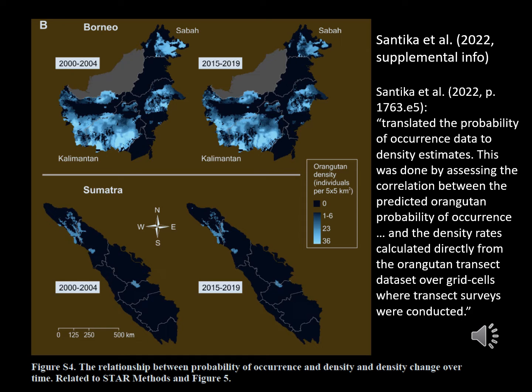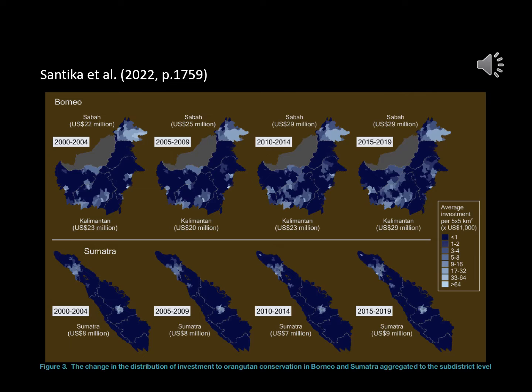This was done by assessing the correlation between the predicted orangutan probability of occurrence and the density rates calculated directly from the orangutan transect data over grid cells where transect surveys were conducted, producing these maps from their supplemental material. The authors matched their orangutan density estimates to detailed data on investments in conservation activities. The maps show how investment changes over time and location.